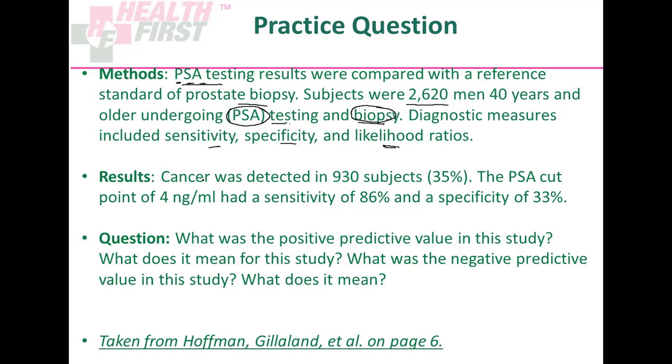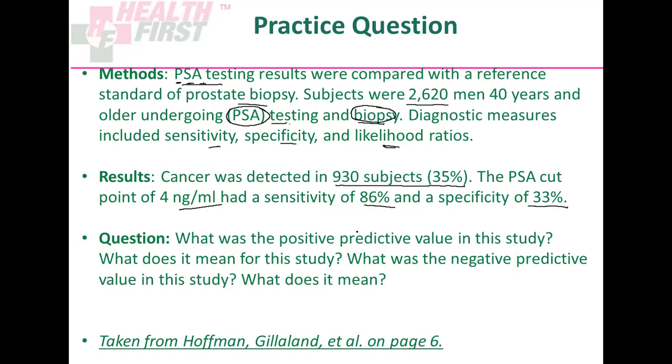So results, it says cancer was detected in 930 subjects, right? The PSA cut point of 4 nanograms per ml had a sensitivity of 86% and a specificity of 33%. Right, so that's all the information you need to answer this question.